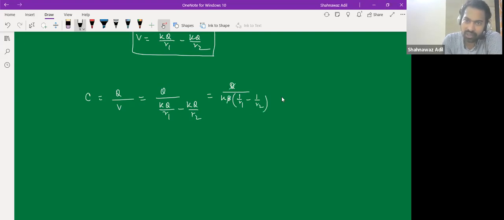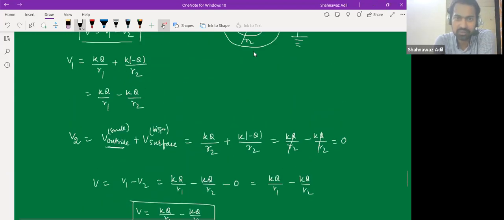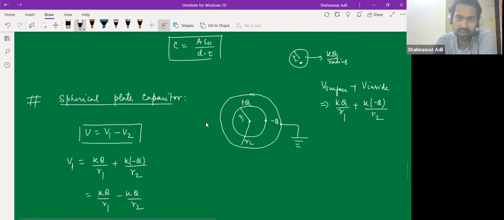Q cancels, and then we have 4 pi epsilon naught, R1 R2 divided by R2 minus R1. So C is 4 pi epsilon naught R1 R2 divided by R2 minus R1. This is the capacitance of a spherical capacitor. Any doubt in this, guys? No, sir. Okay, so please note it down.